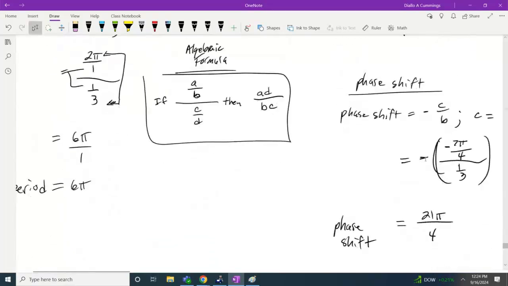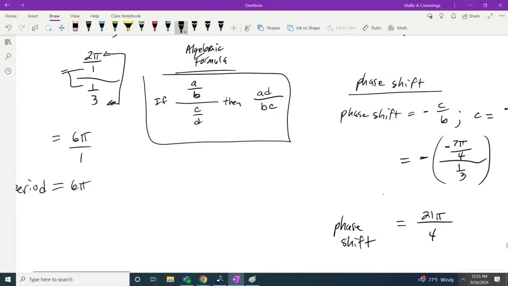So I just have to make sure there is a negative first off from the formula itself. And then when I put in my value for C, I must put in negative 7 pi over 4. And then 1/3. So when I simplify this, negative times a negative makes that final number positive. I thought that was a negative inside the parentheses. Yeah, that's okay.